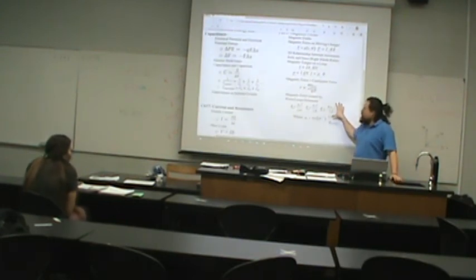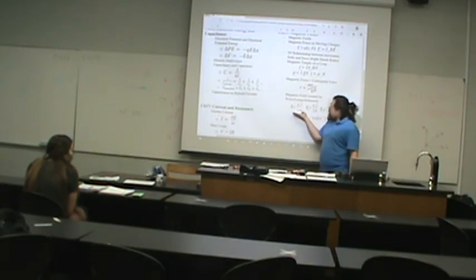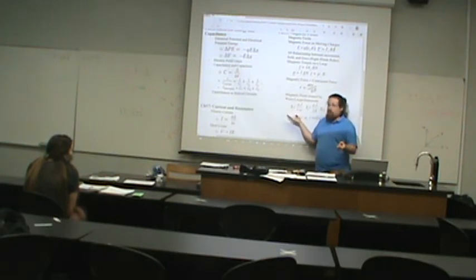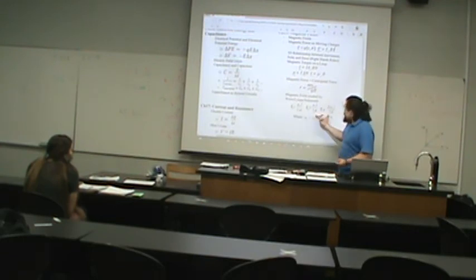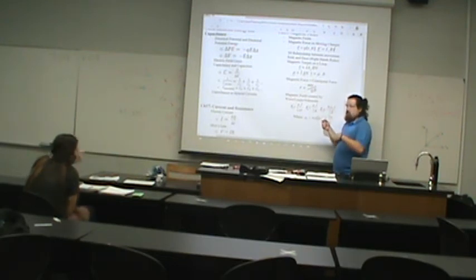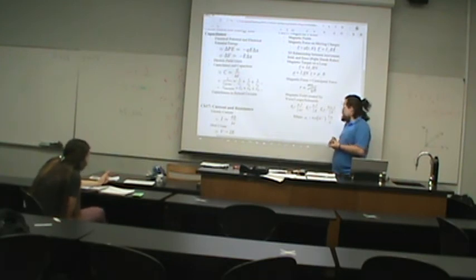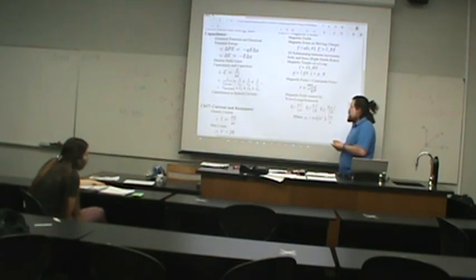These formulas refer to the magnetic fields produced by things when you run current through them. Of these three, we've only really used this one. This is the magnetic field produced by a single wire when you run current through it. We've done examples using this formula. These two are the same formula, but instead of for a straight wire, they're for circles. Is the second one, the loop one, one loop?